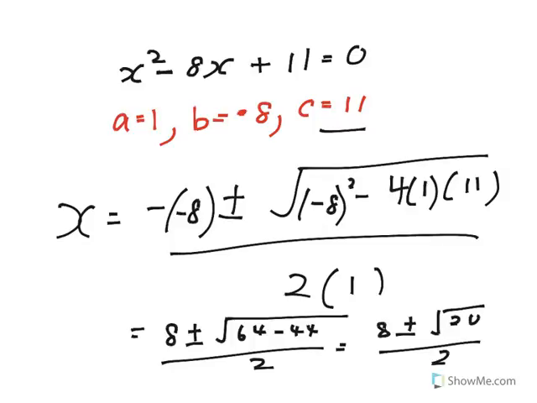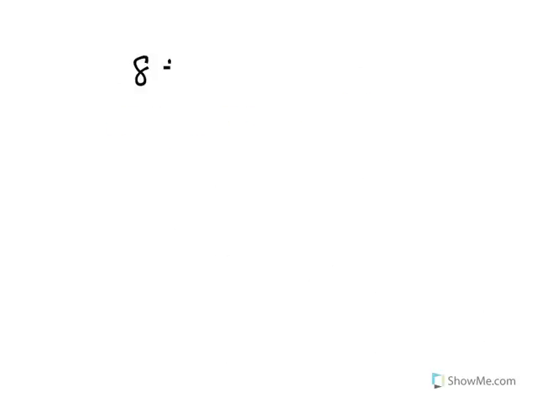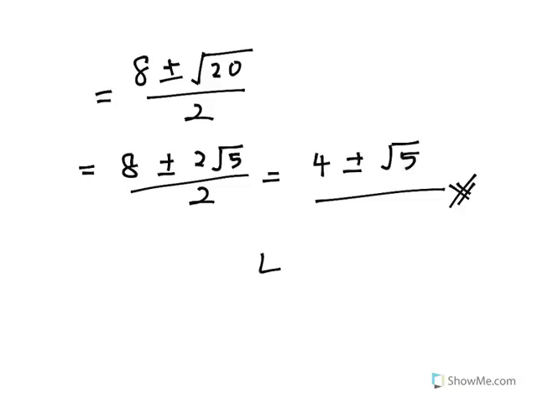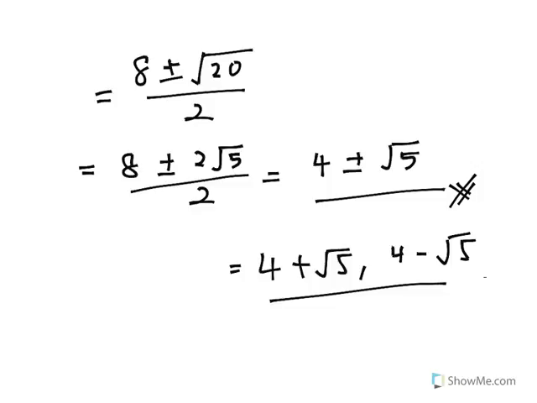You simplify this further: 8 plus minus square root 20 over 2 can be written as 8 plus minus square root 4 times square root 5, so 2 square root 5 over 2, which is 4 plus minus square root 5. So the two answers are 4 plus square root 5 and 4 minus square root 5. This is a simple example on how to use the quadratic formula.